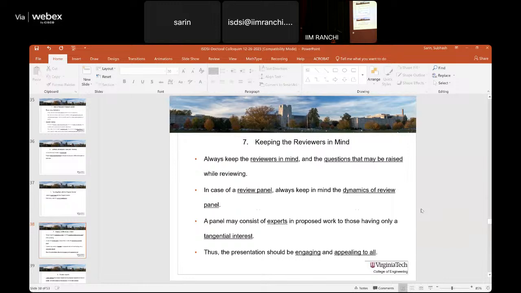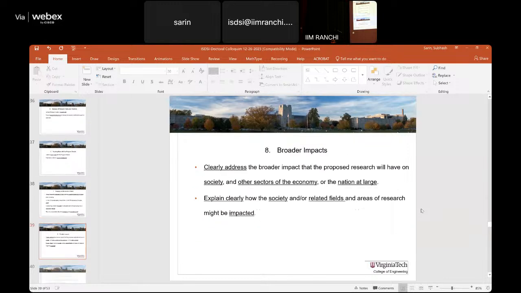And like I mentioned before, the presentation should be engaging and appealing to all of them, right? So the experts like it, as well as those who don't know it, with the way you've written it, can also appreciate how good this idea is. And of course, the broader impacts are important.